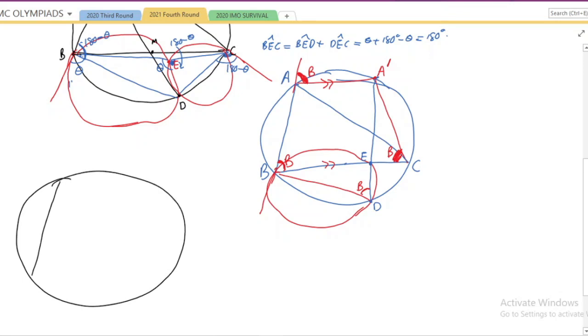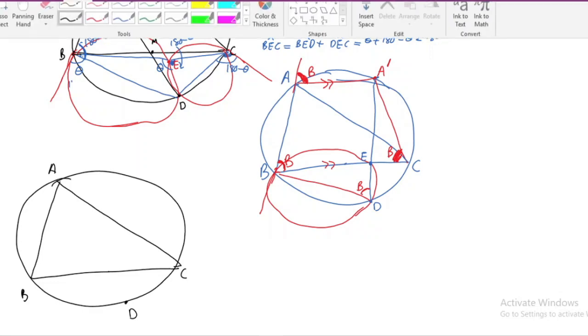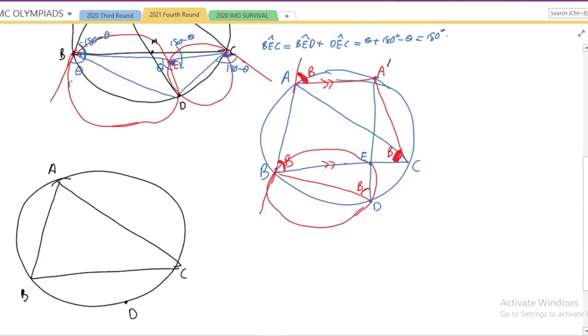Okay, so we have this. So A, B, C. So D will be somewhere here. Okay, now we want the circles to be tangent to BC. So it's going to be quite a big circle, extending this.